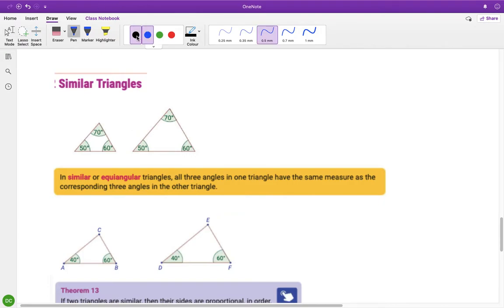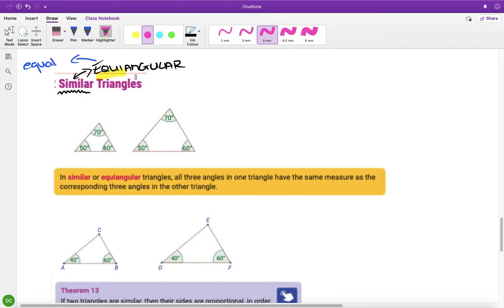So similar is unfortunately not a specific enough word, I think is what I'm trying to say here. The other word for similar is equiangular, which I like better because it's very specific. If we break this word apart, the first part, equi, is referring to equal.